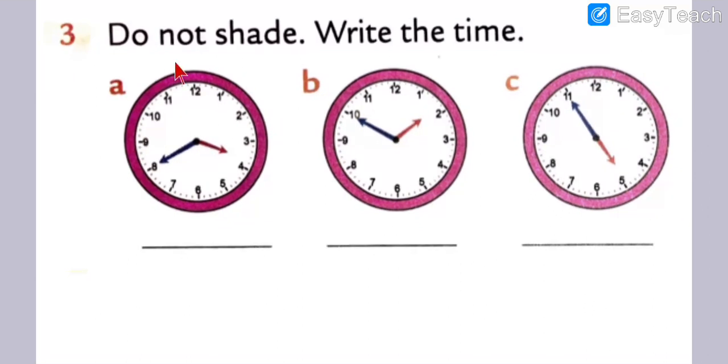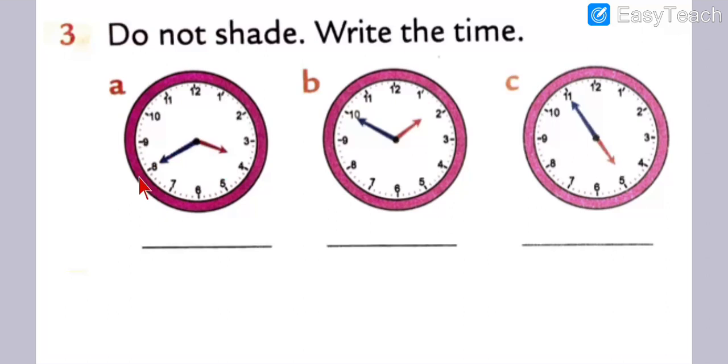So now here we will check the first clock, in question number A. First of all, what do we have to check? We are going to check the hour hand. The hour hand is between 3 and 4, my dear students. And then after, we are going to check the minute hand.